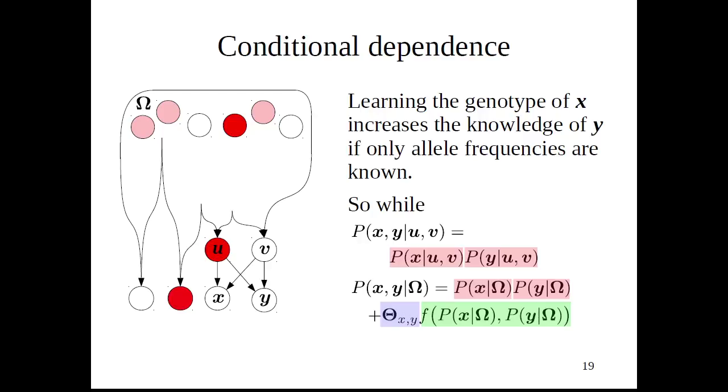So we'll need an additional term there, theta XY in blue, which describes how knowledge of X's genotype changes our prediction of Y. And this should be independent of the allele frequency, so we have to scale it by this term, which depends on the priors. And that term turns out to be the important term to write down for the composite maximum likelihood method, but I won't be giving a lot of details on that particular part.